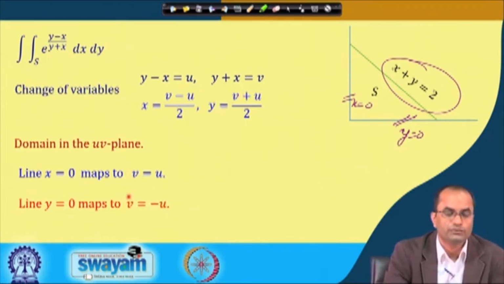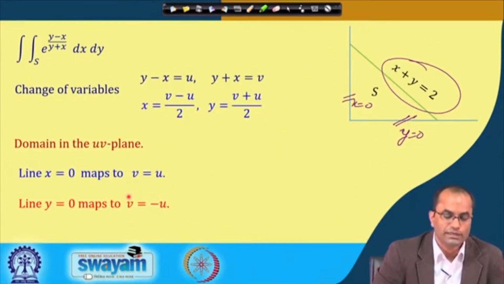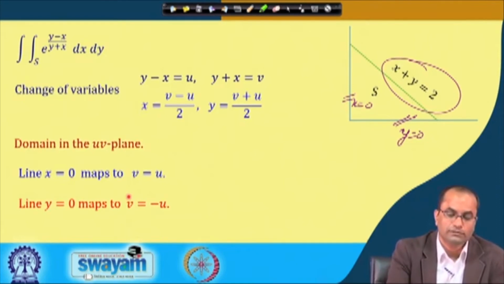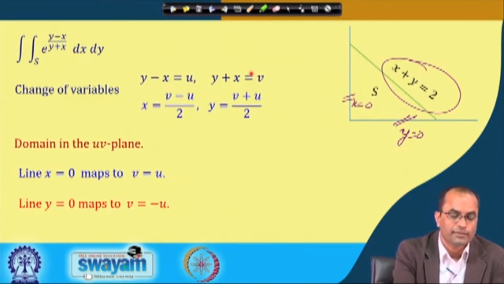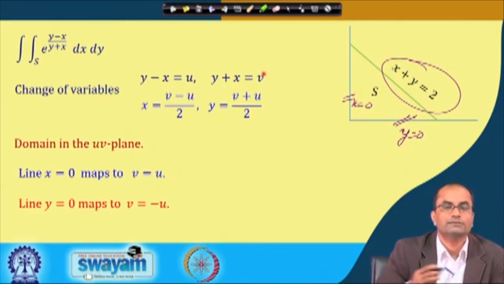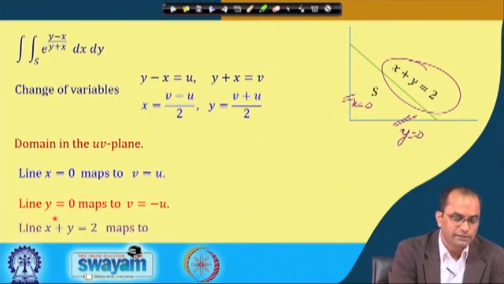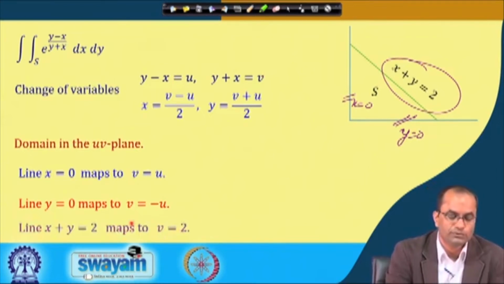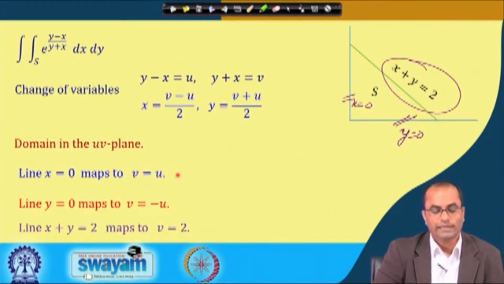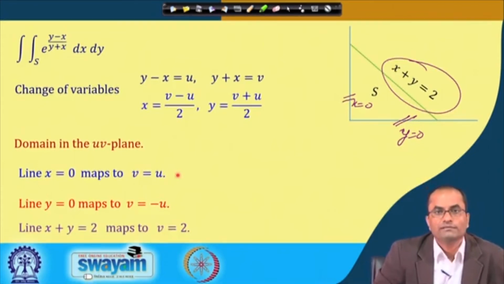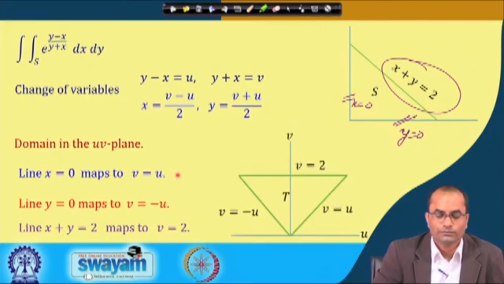So, that is another boundary of the new region, v is equal to minus u, and the third line here is x plus y is equal to 2. So, x plus y is equal to 2 means v is equal to 2. So, with these three, v is equal to u and v is equal to minus u, v is equal to 2, we can construct the new domain.